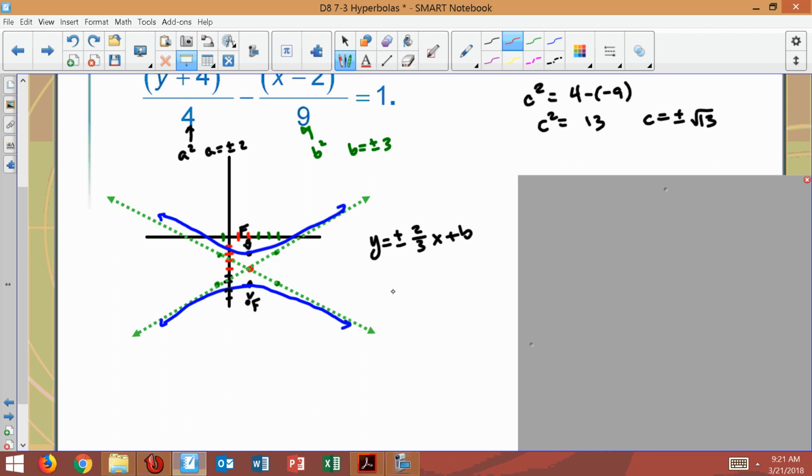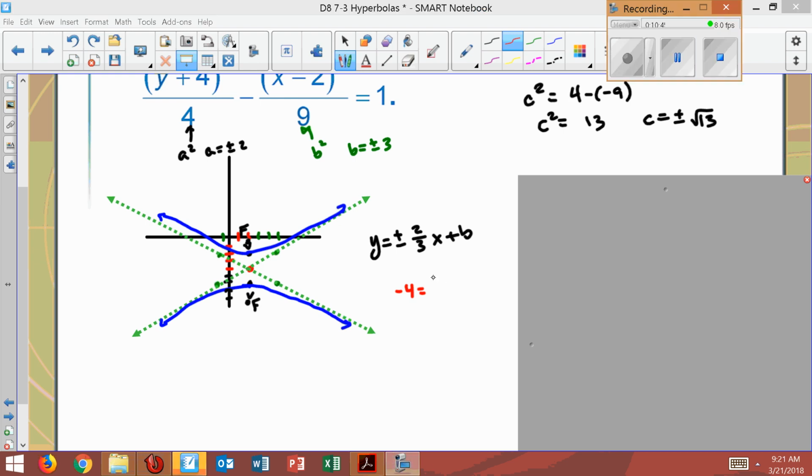And so you plug in 2, 4 for each one to determine the exact equations. If I plug in a y value, I said 2, 4, I'm sorry, 2, -4. So I'll plug in -4 equals, and then I'll do the positive here first. So I'll say 2/3 times 2 for x plus b. I would get my positive equation here. So when I multiply this out, I have -4 equals 4/3 plus b.